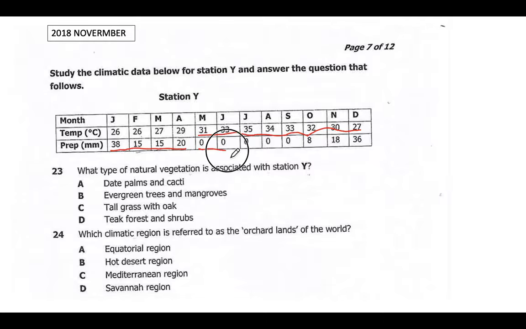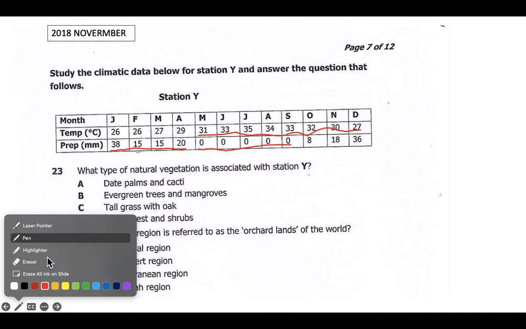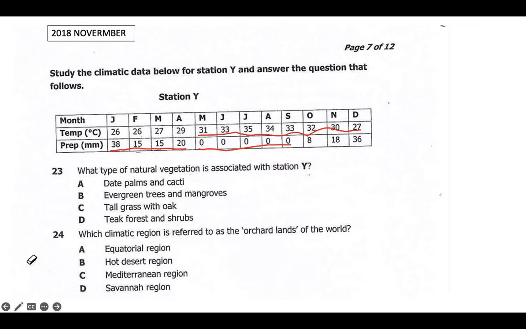But May, June, July, and to September, there are no rains. And then where do they start from? They start from October, November, December. This is the point where the rains begin. So now, what type of climate is this one? This is a hot desert, okay?